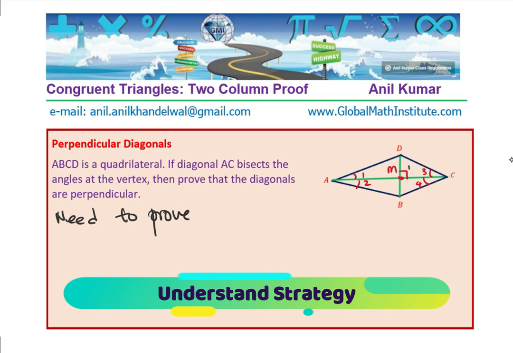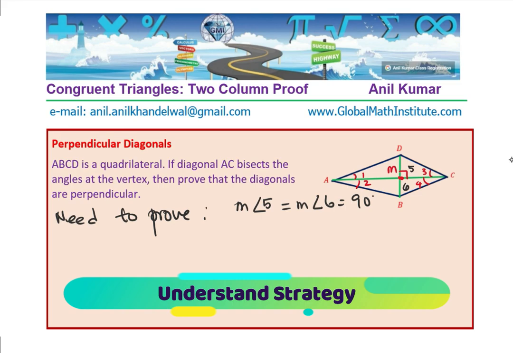Let's call this angle 5 and 6. We need to prove that the measurement of angle 5, at the intersection point of the diagonals, is equal to the measurement of angle 6, and that is equal to 90 degrees. Well, we know it's a straight line. So if they are equal, then they will definitely be 90 degrees.